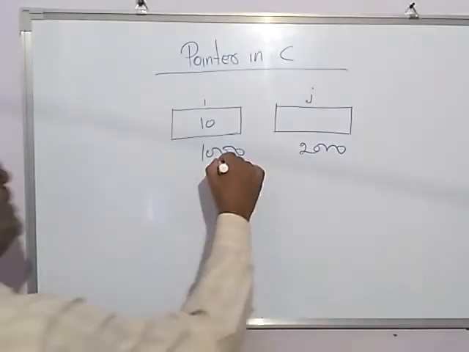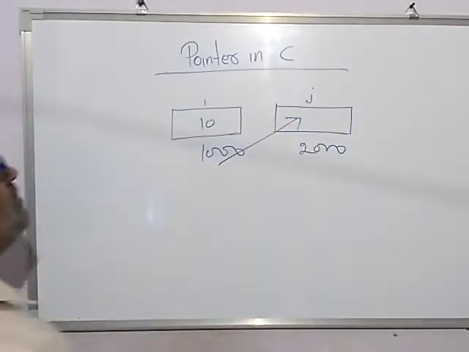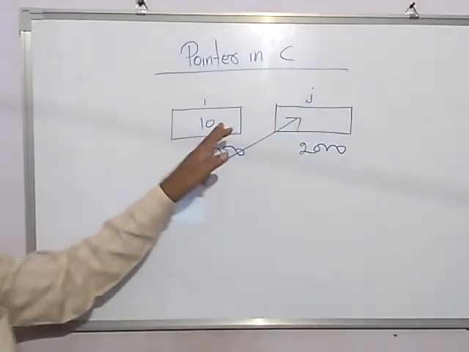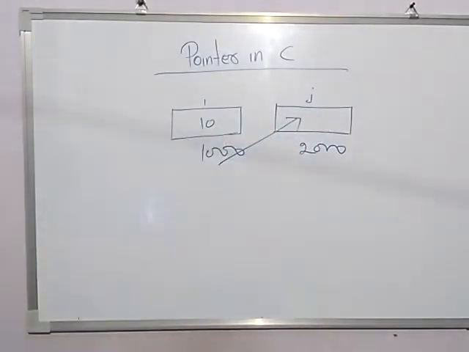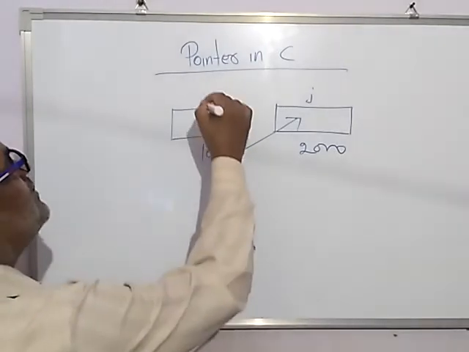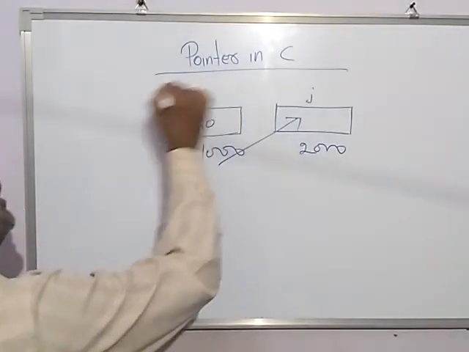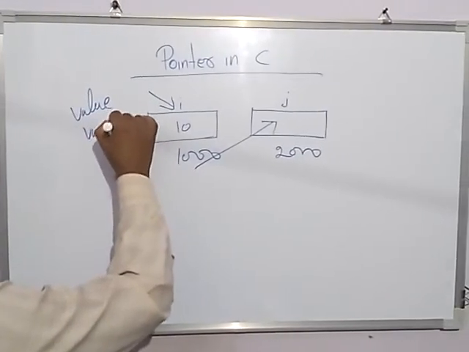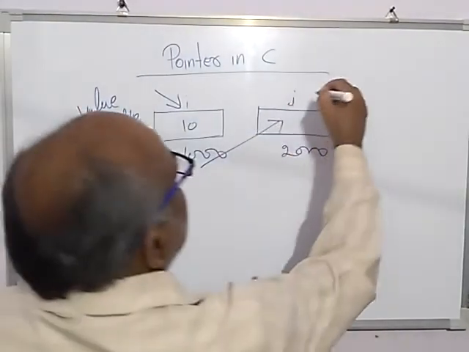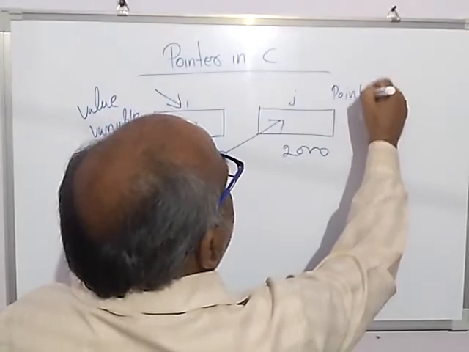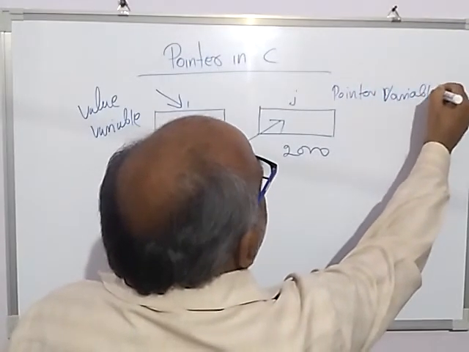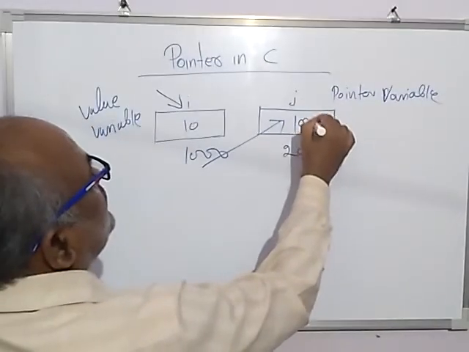If you store 1000 in variable J, then by using J we can access the value of I. So here I is called a value variable, and J is called a pointer variable, and its value is 1000.